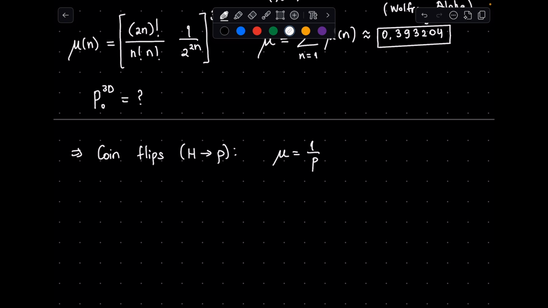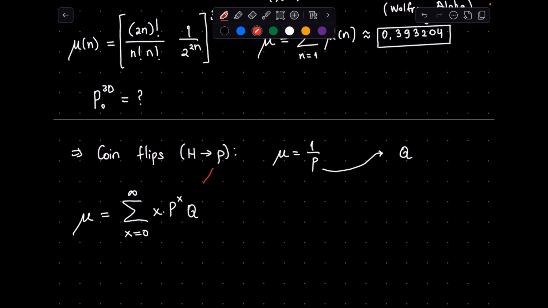We have repeated events of the walker coming back to its origin, and then at the end, we have the walker leaving the origin forever. So the probability of leaving forever is what terminates the consecutive quote-unquote coin flips in this case. Let's call that q. To give an exact expression, the fraction of the walkers that do come back to its origin is going to be the sum from x equal to 0 to infinity of x multiplied by p to the power of x multiplied by q.